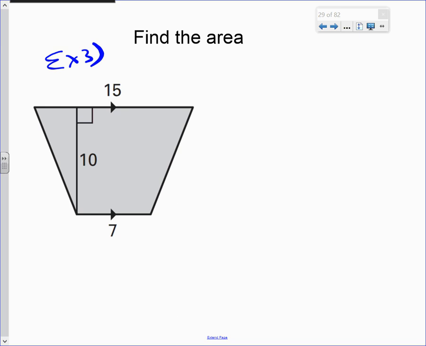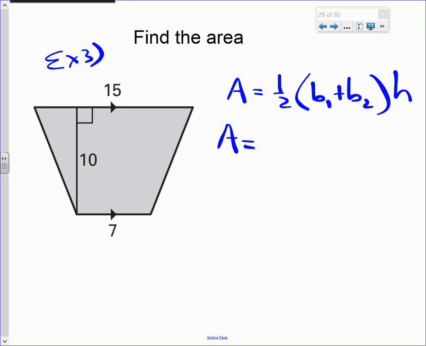I'm going to finish this problem up here. The area is 1/2 base 1 plus base 2 times the height. Both bases would be the parallel sides. The height is the perpendicular distance, here's your perpendicularity, the 90 degrees, from one base to the opposite vertex. So it's going to be 10.